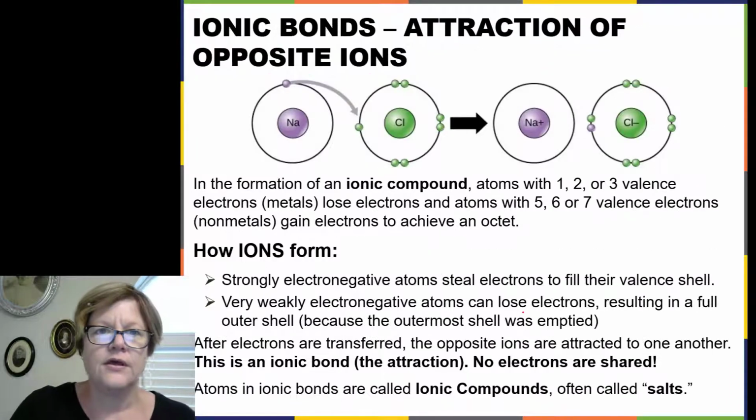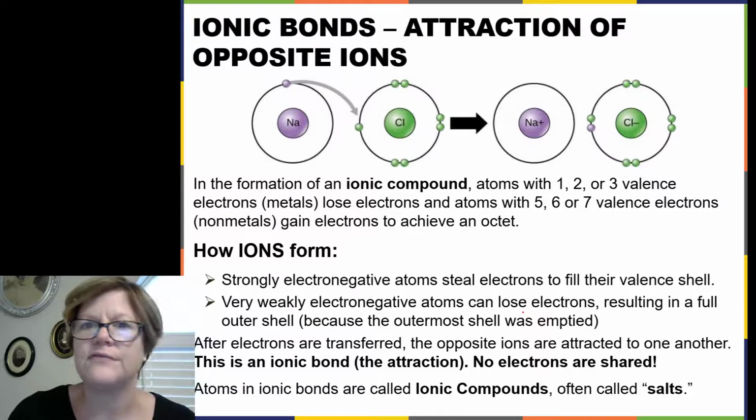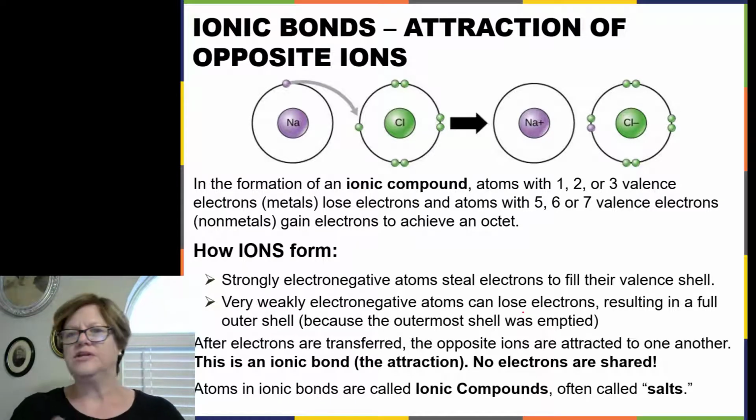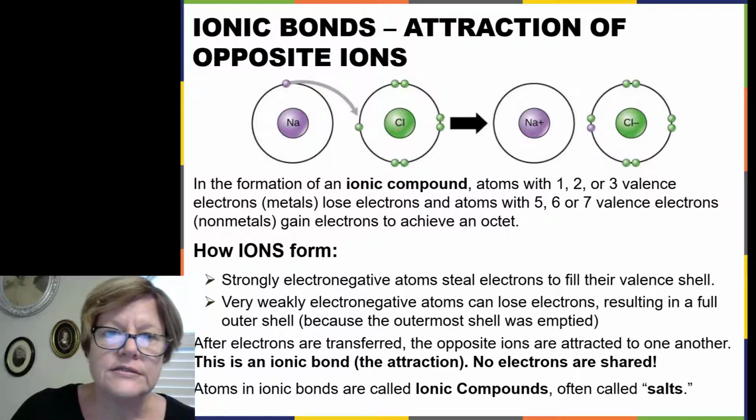All right. Now, sometimes one of the atoms is so greedy it actually pulls the electron completely away from the other. And we usually use this example here. Carbon, oxygen, hydrogen, and nitrogen don't do this. But chlorine does. Chlorine has 7 electrons in its valence shell. Sodium only has 1.